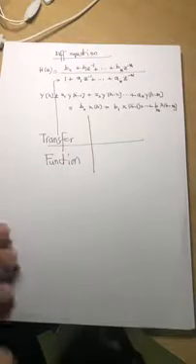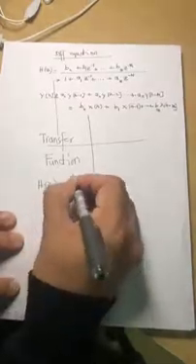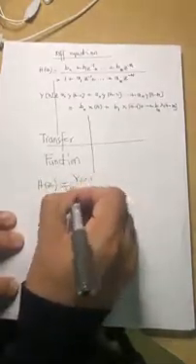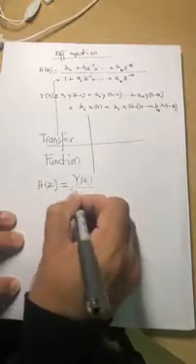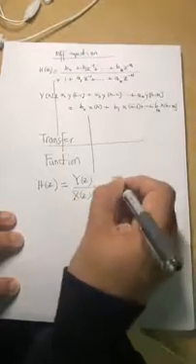So in short, we can write that H of Z is equal to Y of Z over X of Z, and we can write it in summation form as well.